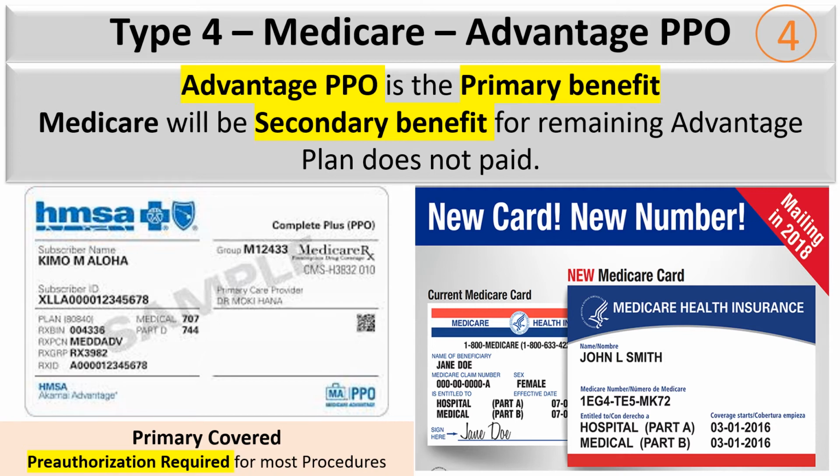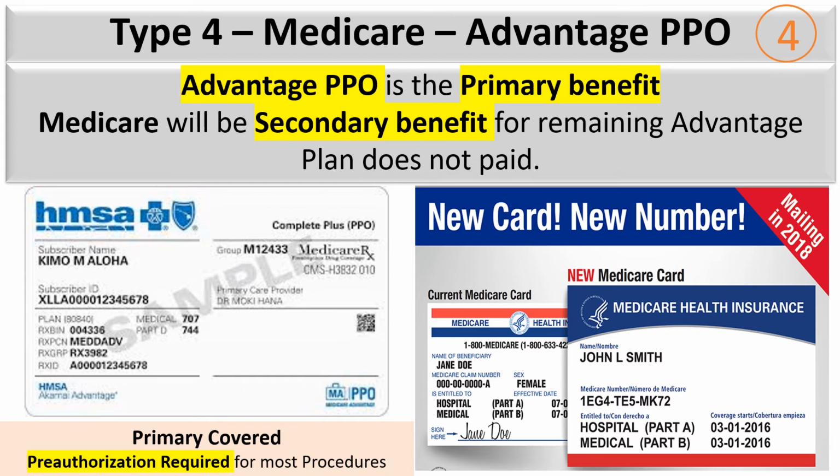The patient has benefit for reimbursement but requires pre-auth. The difference is that these patients are still currently working, so they have insurance coverage from their employer, so their Medicare is secondary.